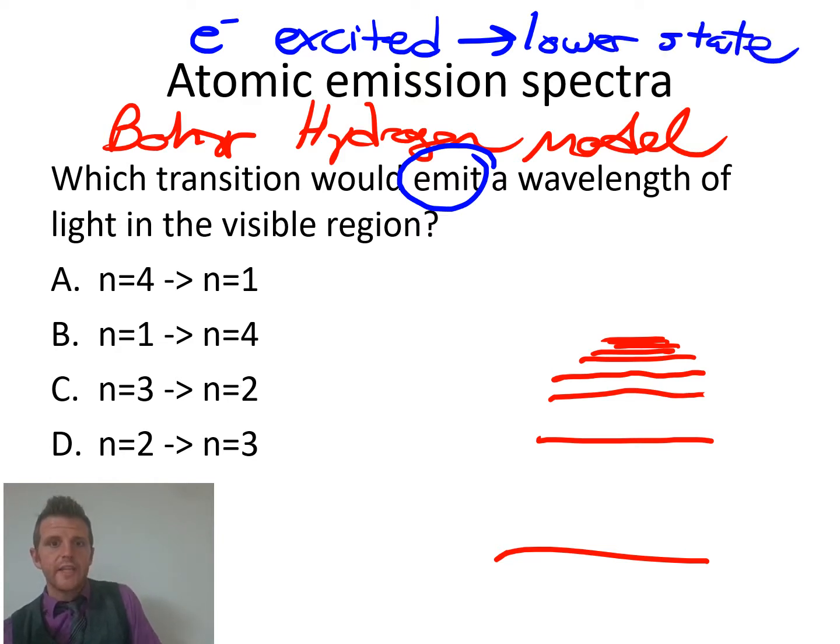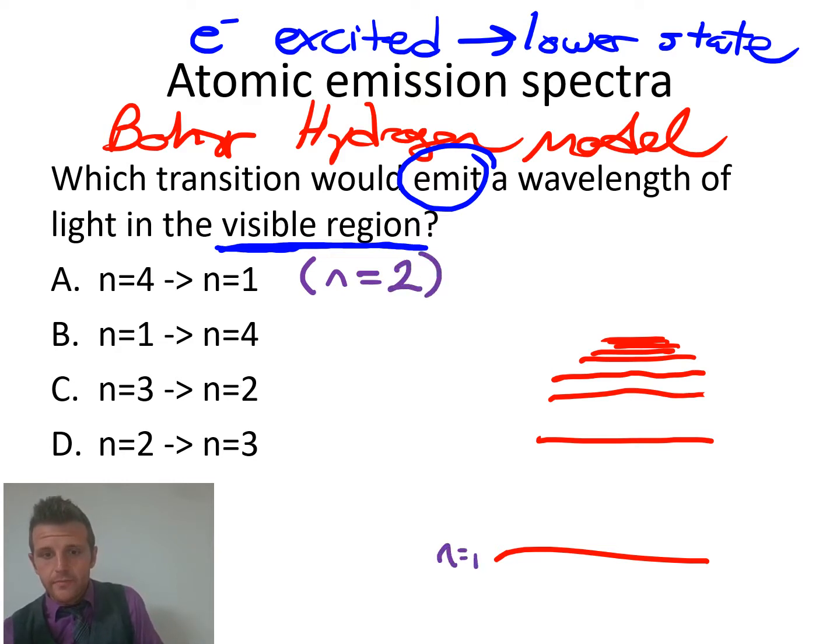And the reason why I say this is because this is the next key thing we're looking for, the visible region. Can we see this? Whenever you see visible region, that means whatever the transition is, it needs to end at the second energy level.